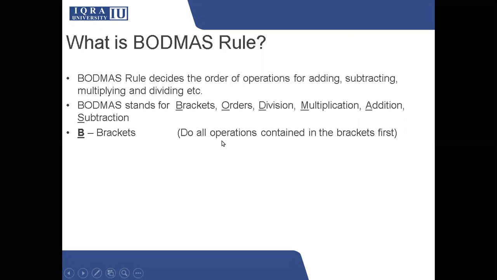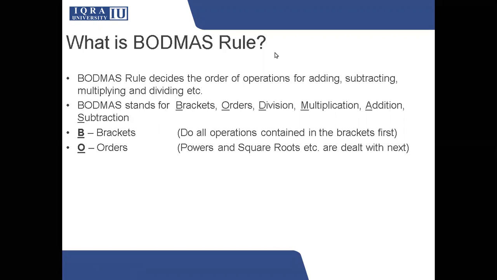So whenever you see an expression, the first thing that you have to solve is the brackets. Do all the operations that are contained inside the brackets first. When you're done solving whatever expression is in the brackets, then you have to move on to the orders. Now, what order means here is the powers or the square roots. For example, if I say 8 square, now this is a power, 8 power 2, right?